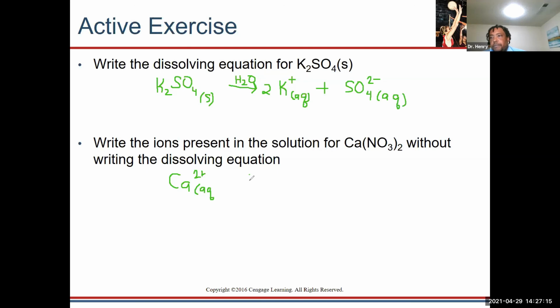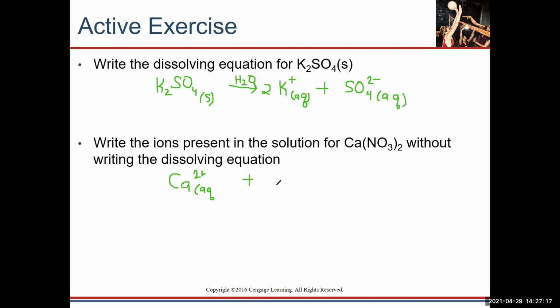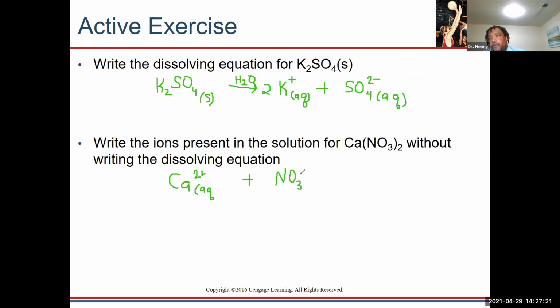And NO3 minus aq. Simple. Don't overthink it because it's not too hard. It's just breaking up those charges, right? That plus and that minus.